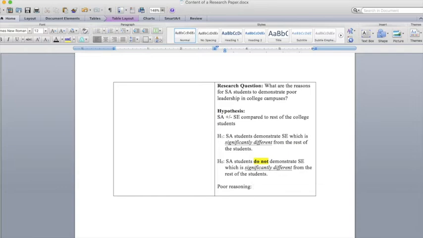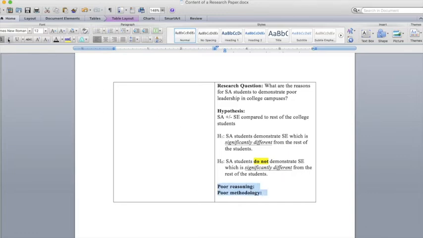So having poor reasoning is the first reason to have flawed research, so that you agree with your null hypothesis. The next one is poor methodology. Those are the only 2 reasons for you to have this kind of research findings where you agree with your null hypothesis. So always keep this in your mind.